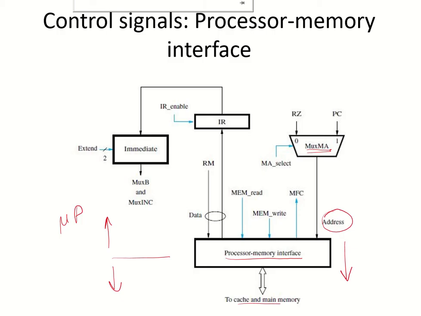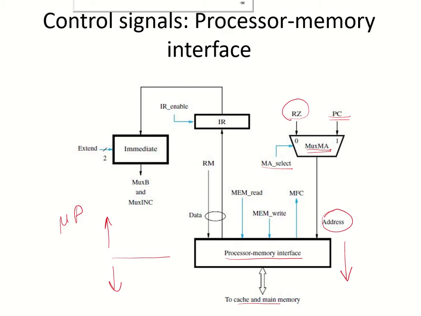Either the address of the next instruction to be fetched will be coming from the program counter, or if a memory access is required for a load or store operation, then whatever has been computed in the ALU and is available at the output register RZ will have to come onto the address bus. In any case, this MA select will select the input of this multiplexer MA.